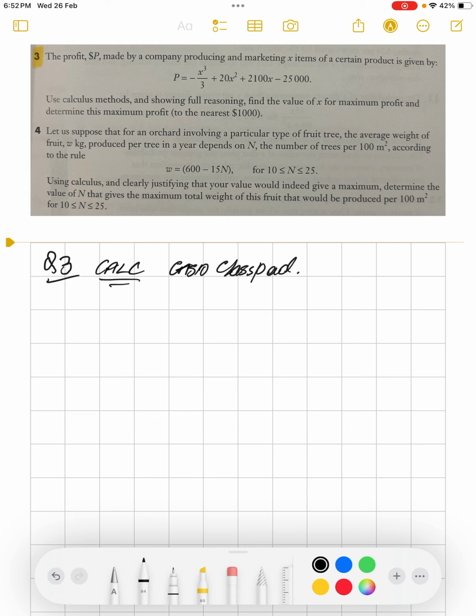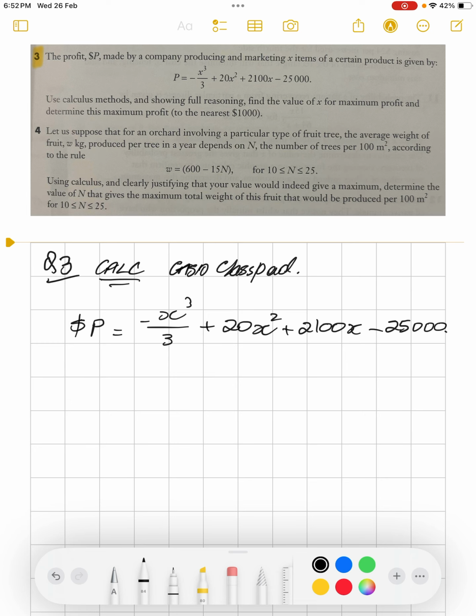So we've got this profit, and we're told that the profit in dollars is negative x cubed over 3 plus 20 x squared plus 2100 x minus 25,000.